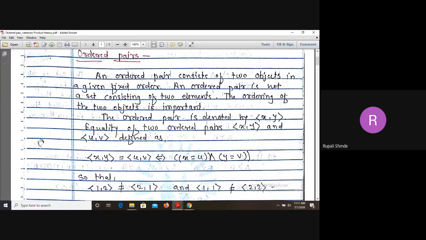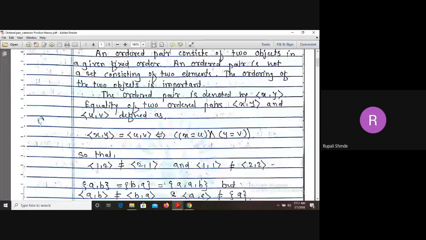Ordered pair. Ordered pair means what? Pair means two elements, and order means those two elements would be in fixed order. Because in the first ordered pair we considered 1, 2, and in the second ordered pair we compared 2, 1. So these two ordered pairs are not same.